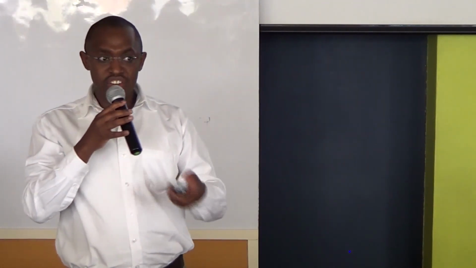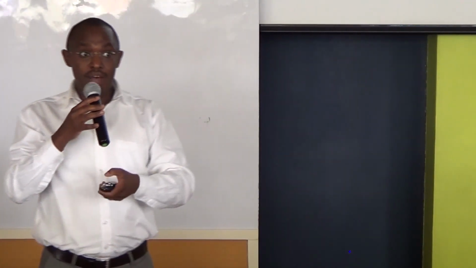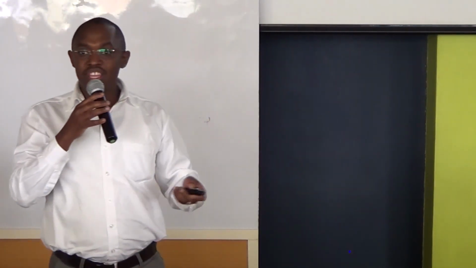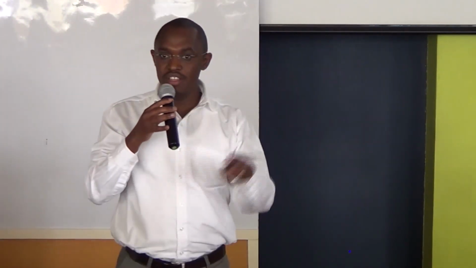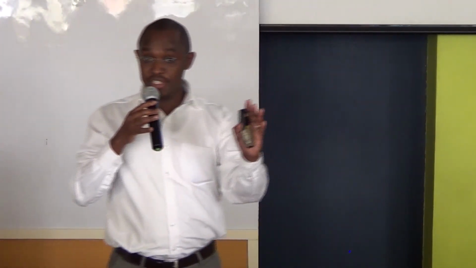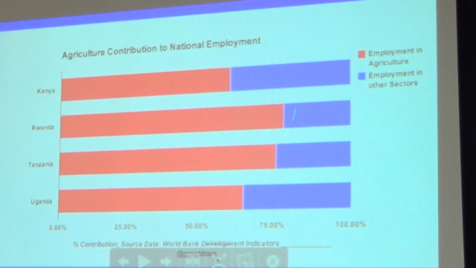That could begin to show you how important agriculture has become to this economy, and yet the contribution of agriculture to GDP is about how much? Less than 30%. So 57% of Kenyans are employed in agriculture, so they're supposed to be productive, but the contribution of agriculture itself to GDP is a mere 30%.